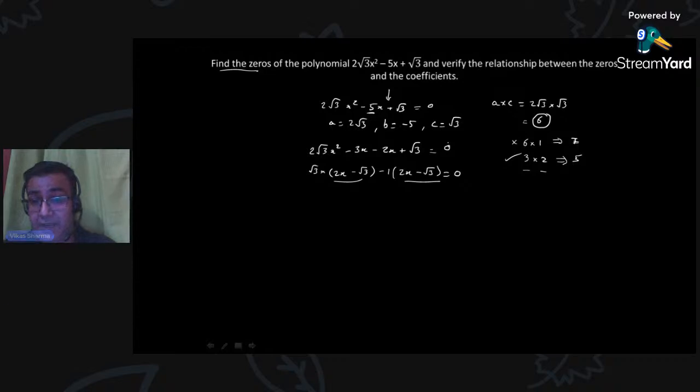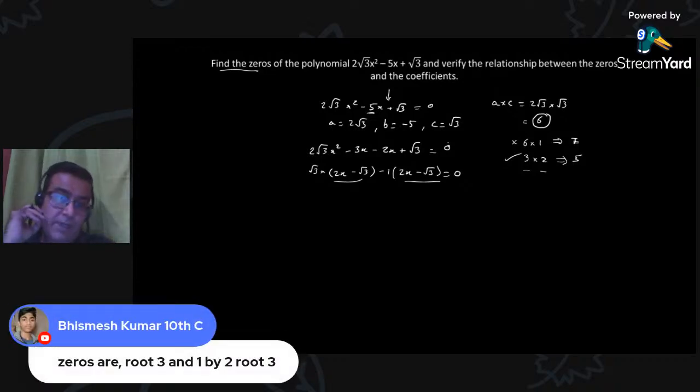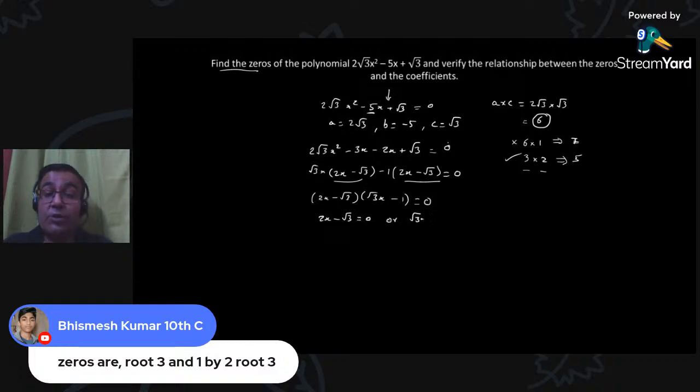Do we have any correct answers? Zeros are root 3 and 1 by 2 root 3. Okay, let me see what the roots are. So that means, 2x minus root 3, taking it as common, we are left with root 3x minus 1 is equal to 0, which means either 2x minus root 3 is equal to 0, or root 3x minus 1 is equal to 0.